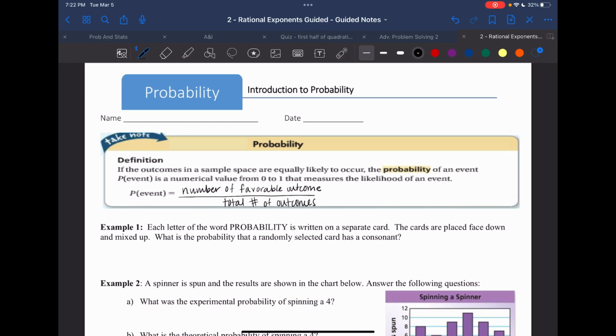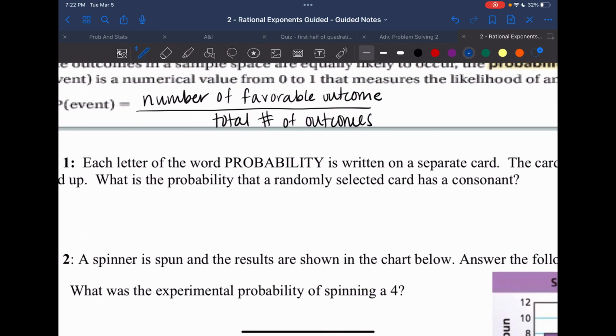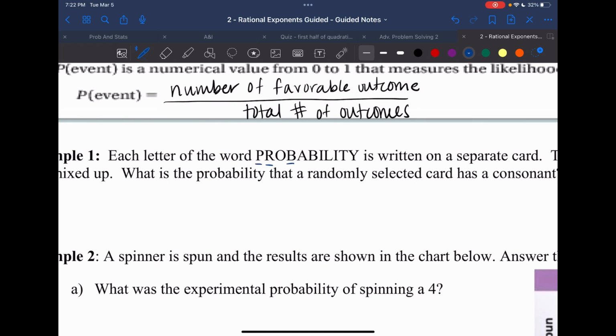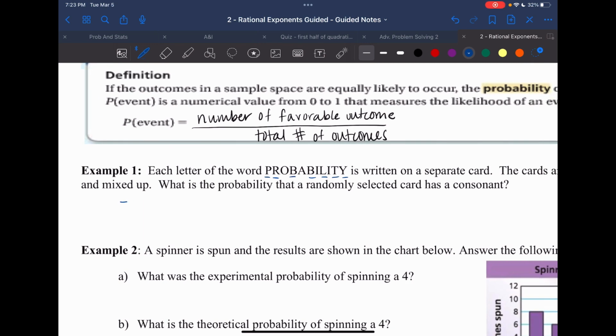So in example 1, each letter of the word probability is written on a separate card. The cards are placed face down and mixed up. What is the probability that a randomly selected card has a consonant? First we have to decide what the consonants are. In the word probability, we have P, R, B, B, L, T, and yes, Y in this case is a consonant. Counting those up, we have 1, 2, 3, 4, 5, 6, 7 consonants.